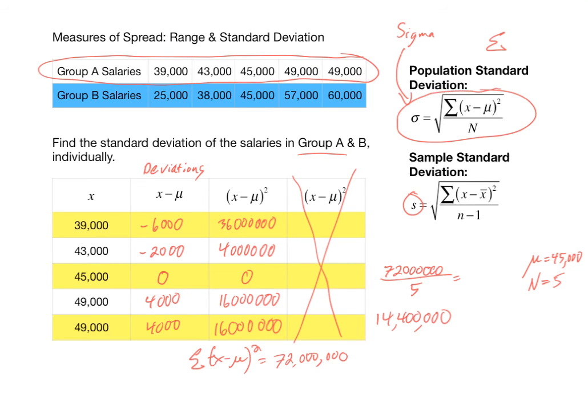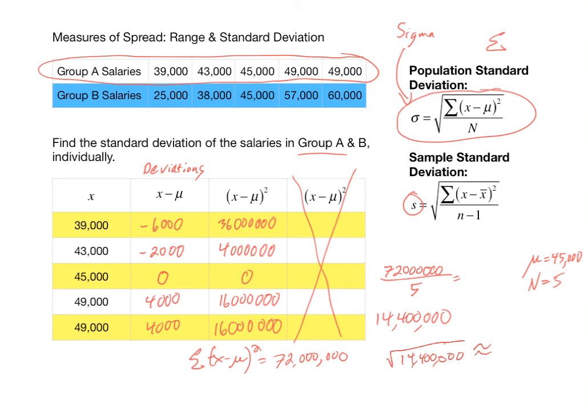And then finally, that is not the standard deviation. The standard deviation ends with a computation of the square root of that quotient we just got. So we need to take the square root of 14,400,000, and that is our standard deviation of the population.